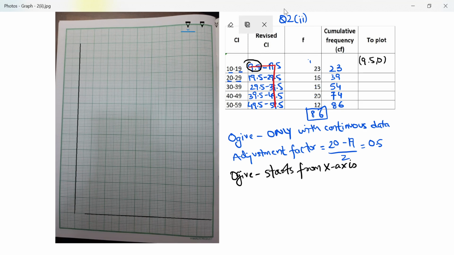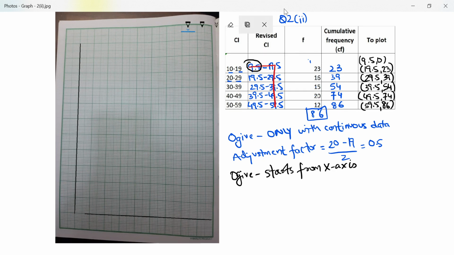Perfect. So the next one will be 19.5 with the cumulative frequency, that's 23. Next one is 29.5 with 39. Next is 39.5 with 54. Next is 49.5 with 74. And the last one is 59.5 with 86.